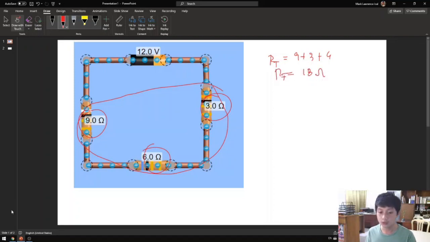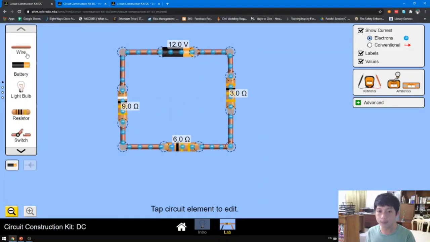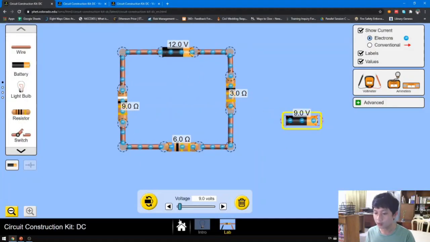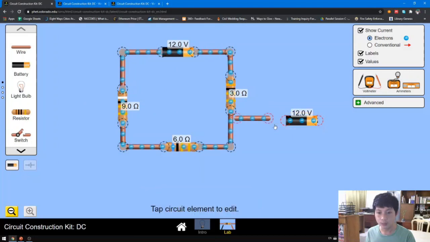So this is basically same or similar when we do this. And you put a wire here, and then another resistor.